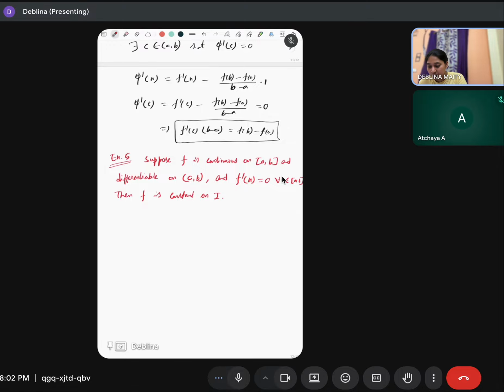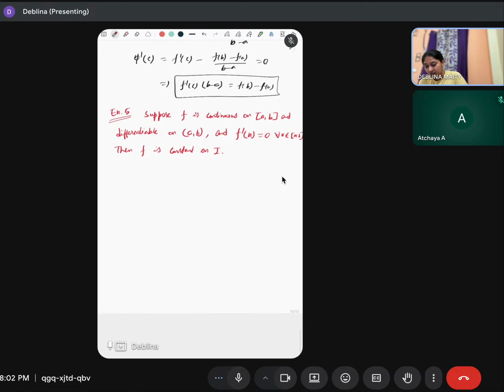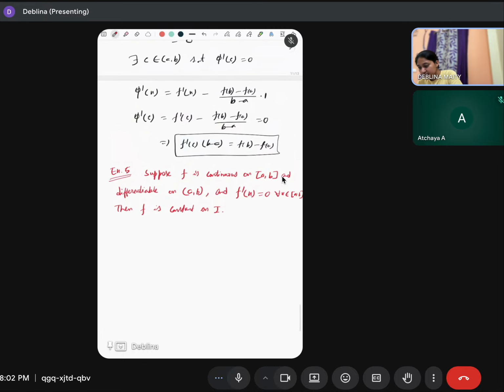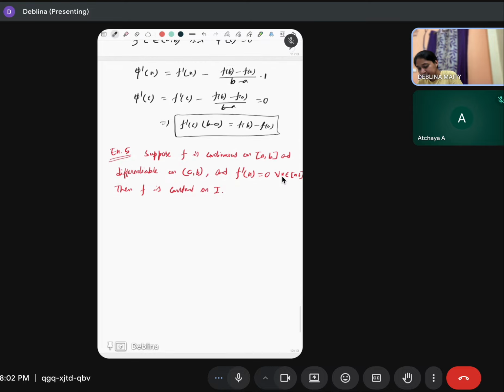It will be proved by using the mean value theorem. So let x belong to this interval, so x is greater than a.